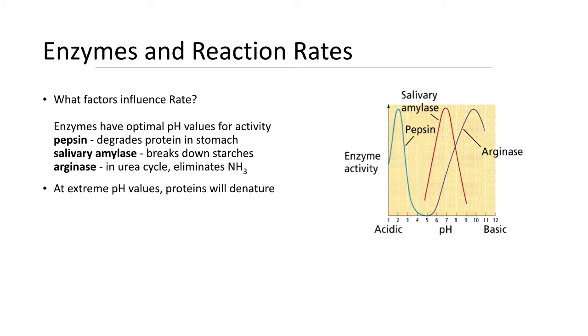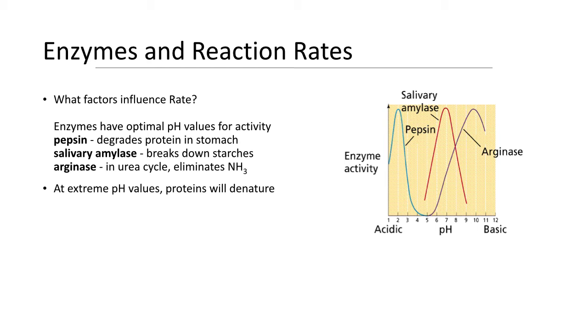What types of factors influence the rates of chemical reactions? Well, usually if we're working with enzymes, we're working in a physiological framework, so we have to take into account that there are preferential pH ranges for activity, and that depends on what part of the body they're occurring in.